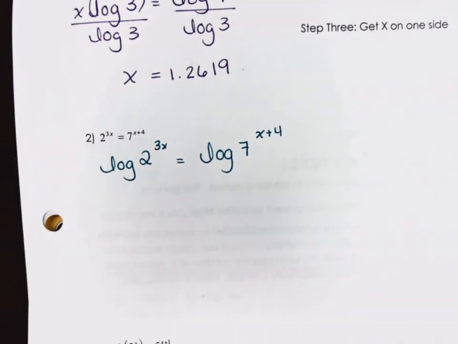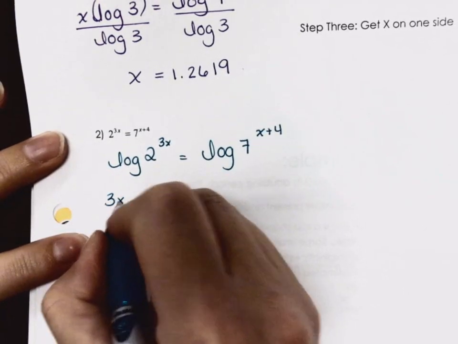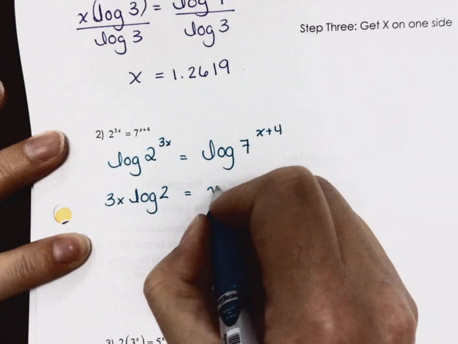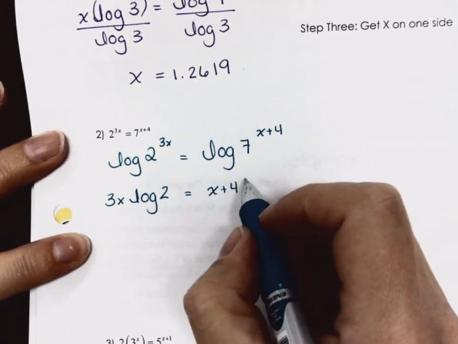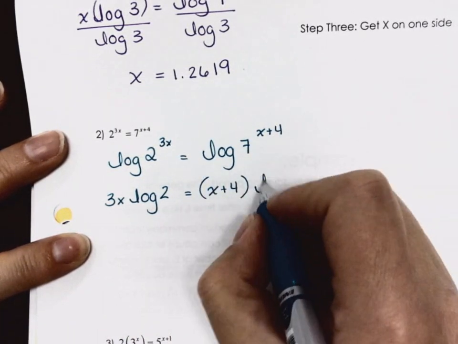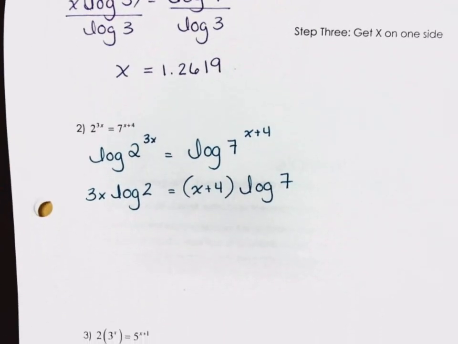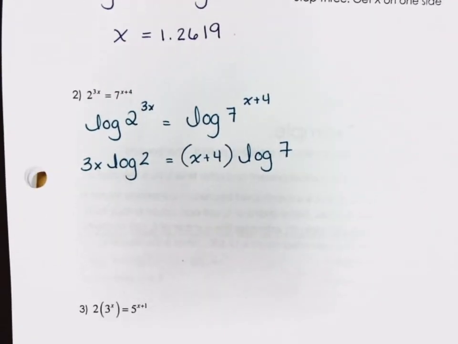Okay, what log law are we applying? Power. Okay, this is my whole exponent, so I'm using a bracket. All right. So here we go. We have to distribute backwards.